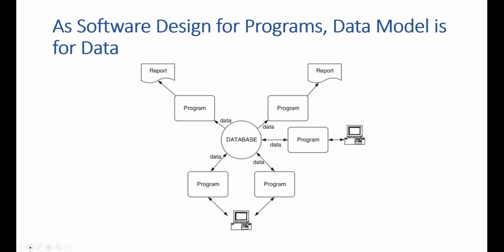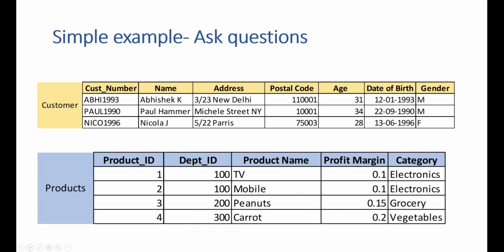Moving on to the next, here we will take just a simple example, and in this example, we need to ask questions. Here we have taken an example of customers and products. There is a customer table with columns like customer number, name, address, postal code, age, date of birth, and gender.